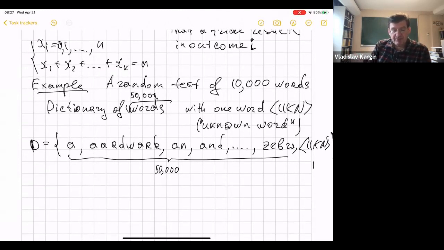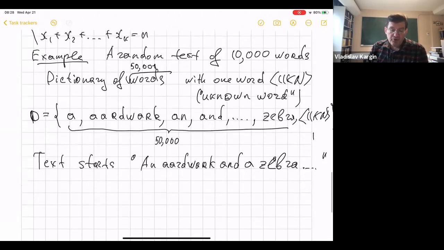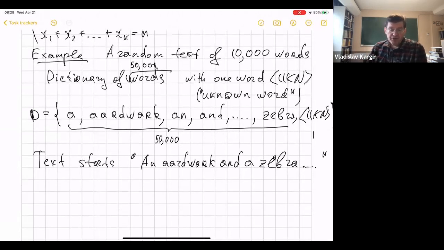If you have a text that starts with something like an aardvark and a zebra, and something after that, so this is the beginning of the text, you can translate it using the dictionary into a sequence of numbers.